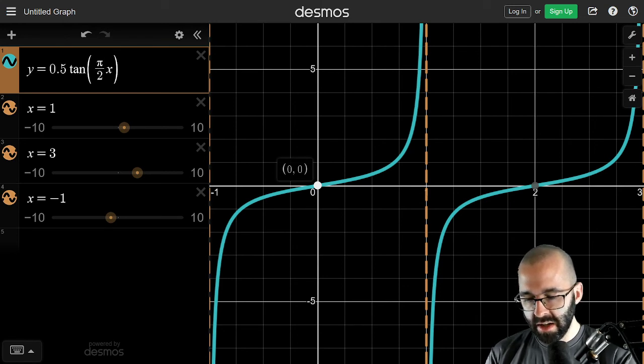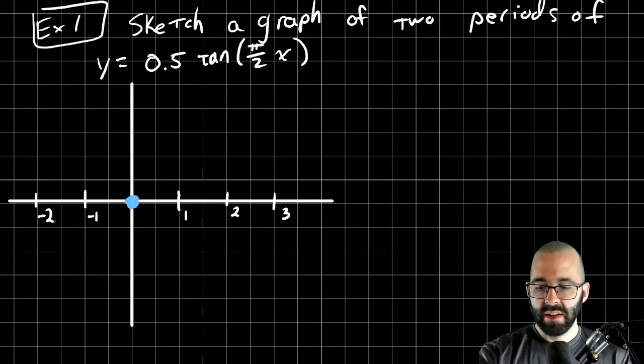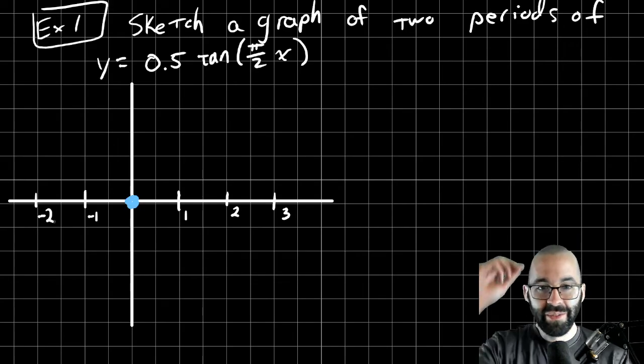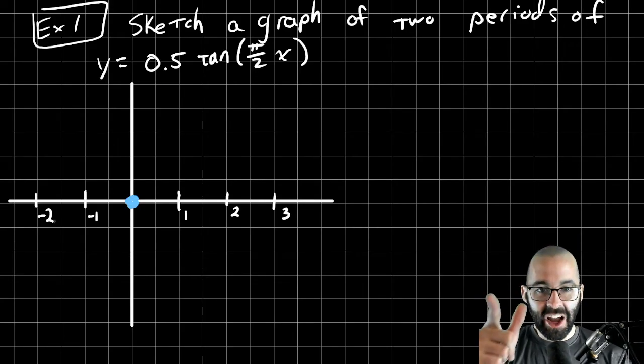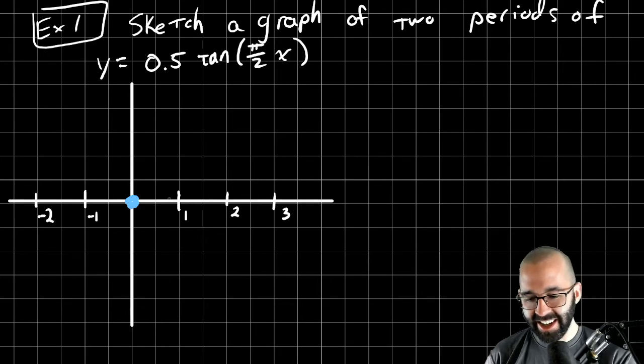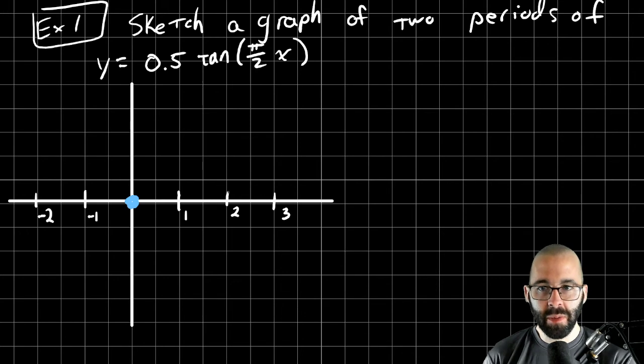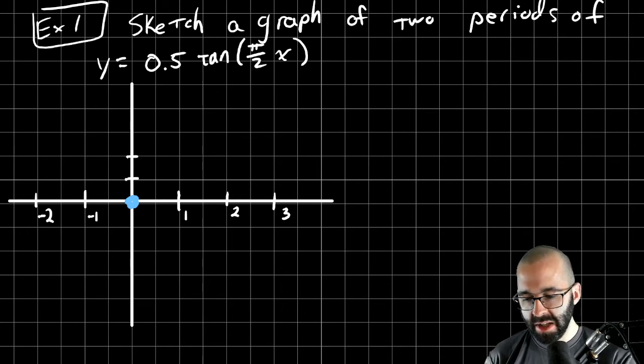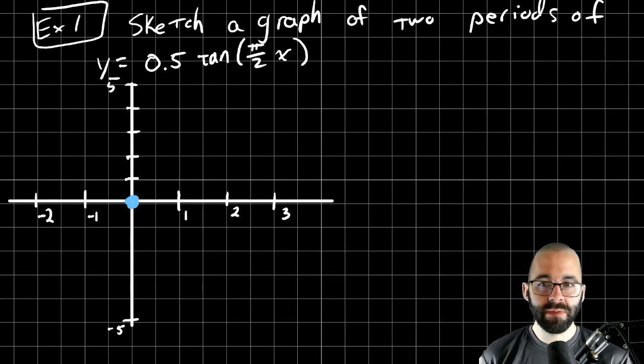Just to make it look a little nicer, always include your scale. Let's have 1 be over here, 2 boxes, then 2 be over here, 2 more boxes. And then for the y coordinates, we can just count normally. Again, the scale for the x and the y coordinates does not have to be the same. Just try to fit it to the graph.